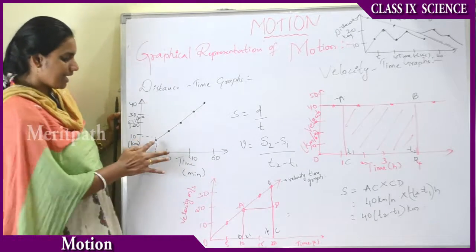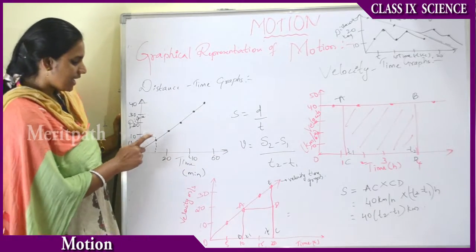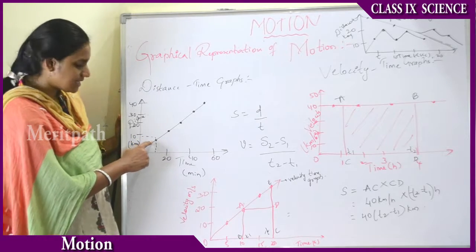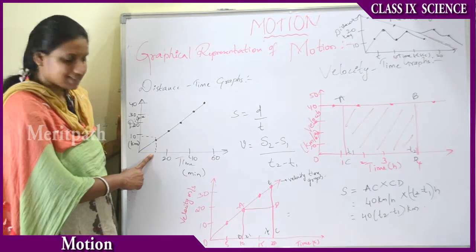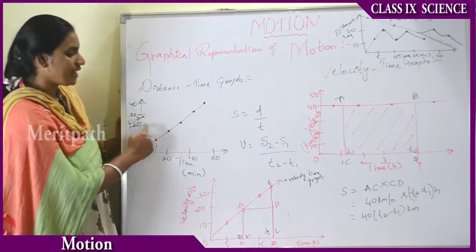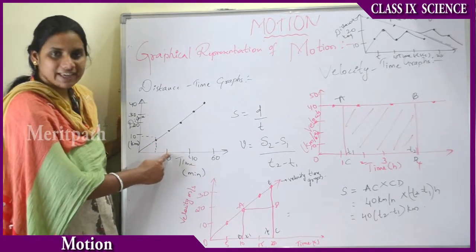Here point 1 shows that the car covers around 10 kilometers in around 10 seconds. The next point shows 20 kilometers in 25 seconds.